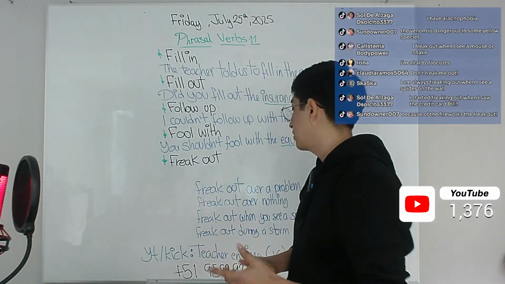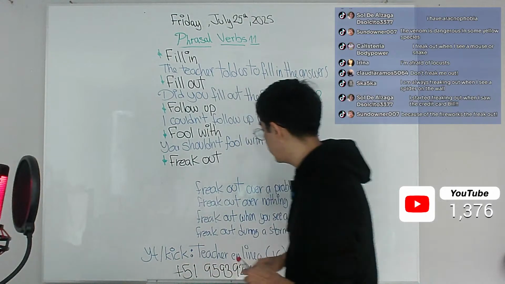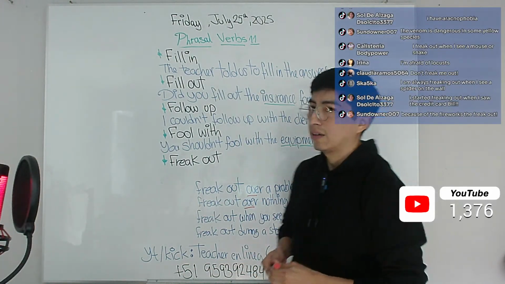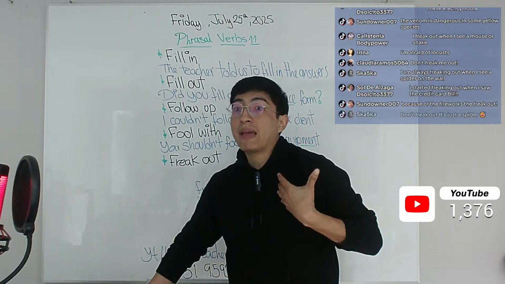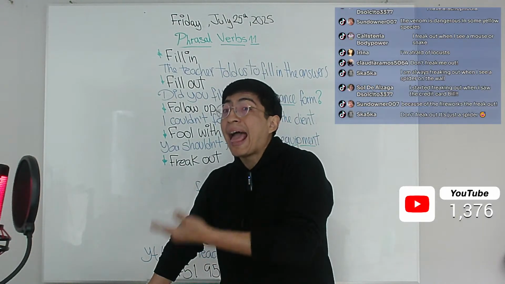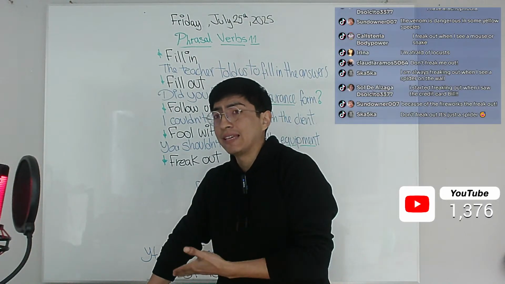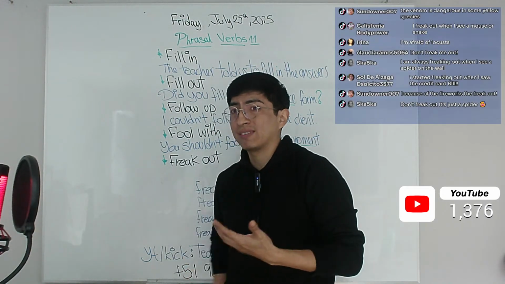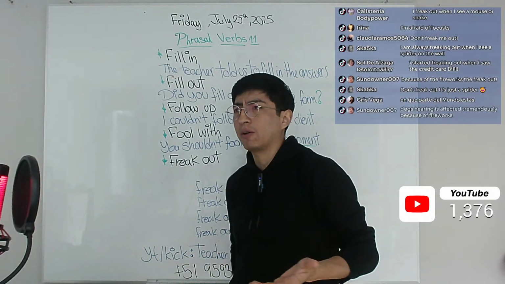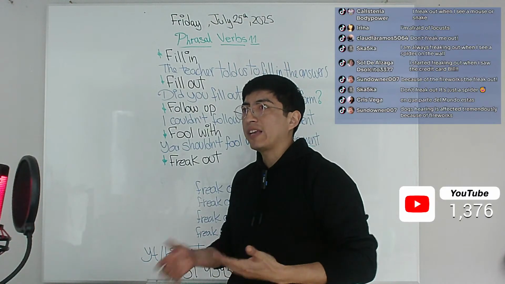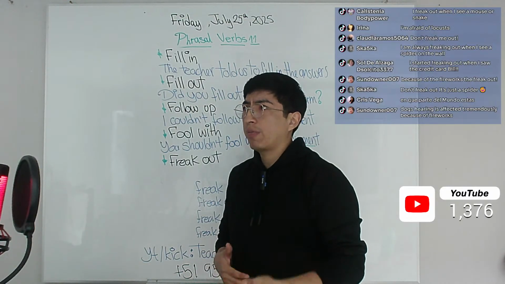Another preposition that you can use here is freak out at. Maybe you can say, my parents freaked out at me because I arrived late. So they were very scared, like, "Where is my daughter? Where's my son? Maybe something happened to him or her."